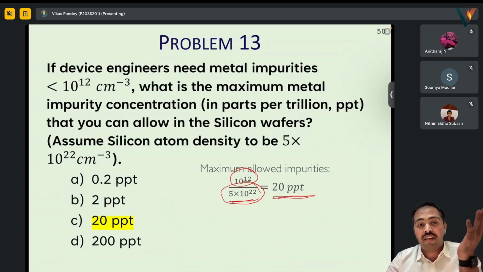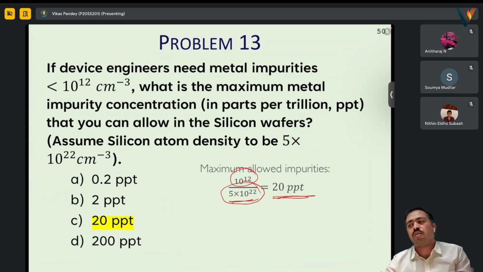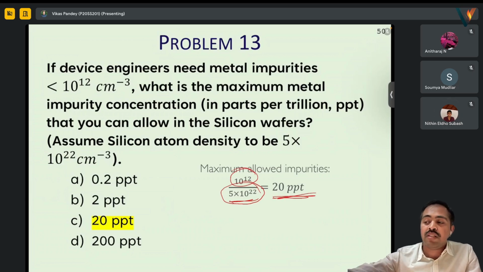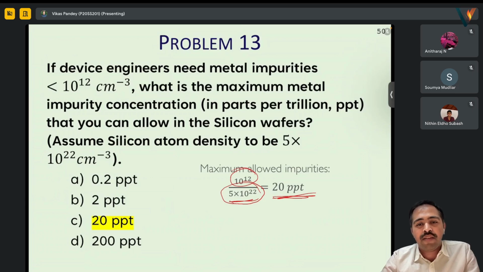parts per trillion. Okay, billion is 10 to the power 6, trillion is how much? Anyone? Million is 10 to the power 6. So how much is a trillion? 10 to the power 9, right?